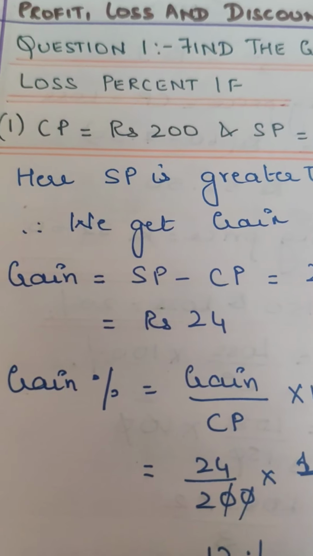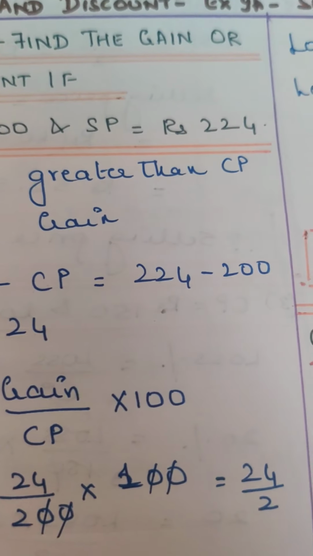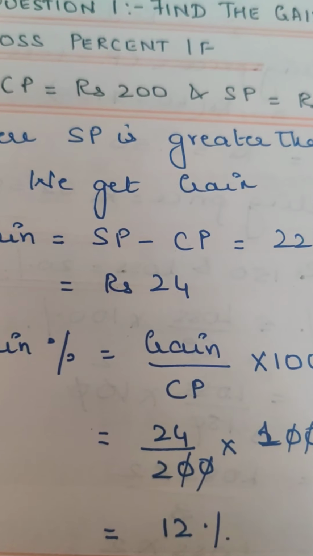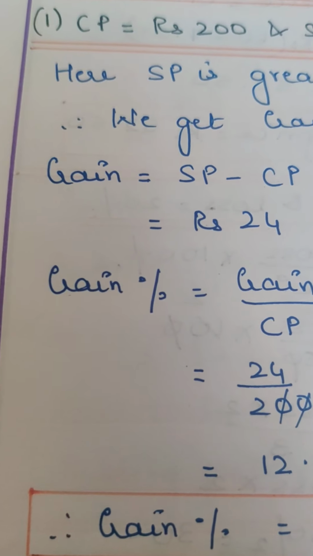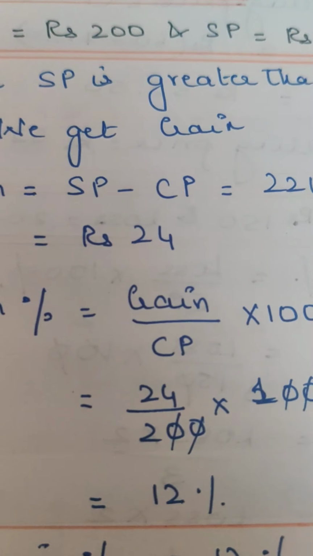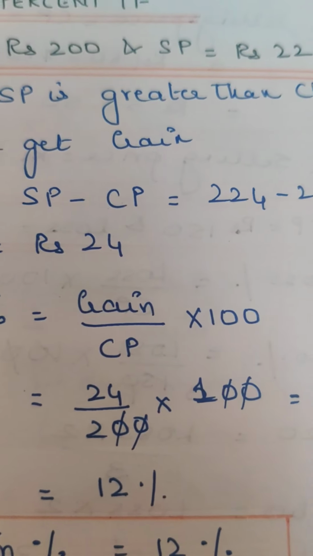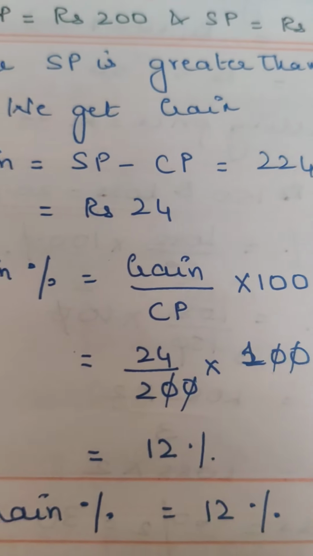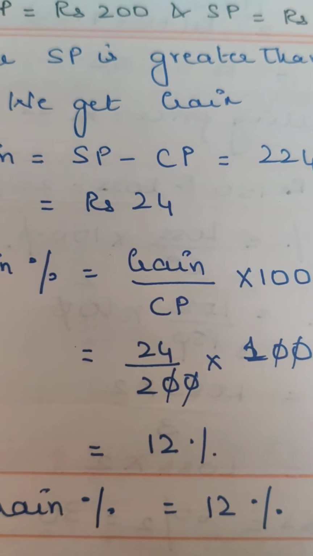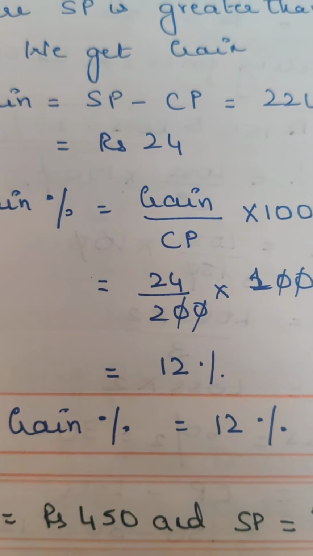Gain is nothing but selling price minus cost price, that is 224 minus 200, that gives you rupees 24. How is the gain percent calculated? Gain percent is equal to gain by cost price into 100, that is 24 by 200 into 100, that is 24 by 2. Therefore, the gain percent is equal to 12%.